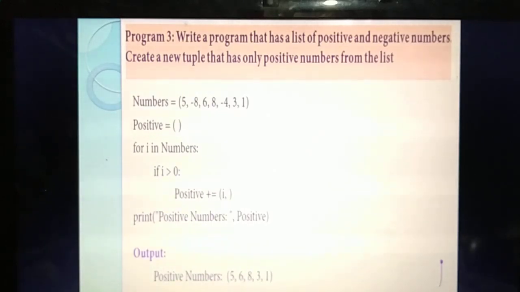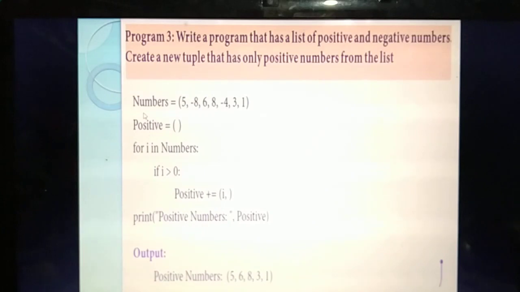So already you have a tuple containing positive as well as negative numbers, but you are going to write a program to access only the positive elements from the tuple. You are creating a new tuple and storing only the positive numbers in it. Understand? So listen. For that, first you are defining one tuple.